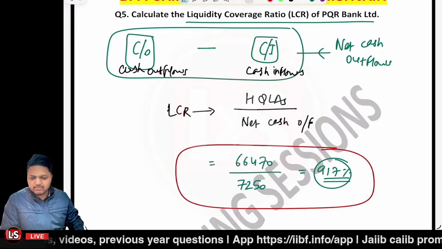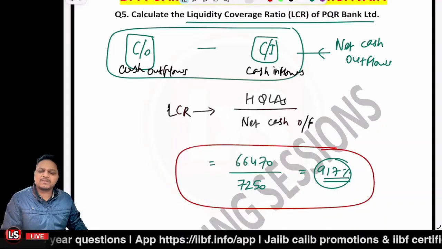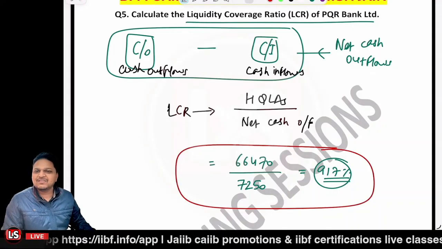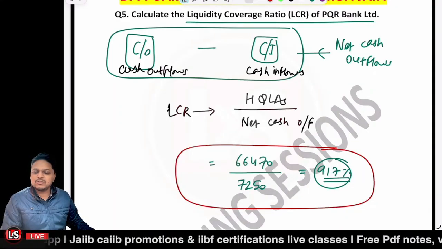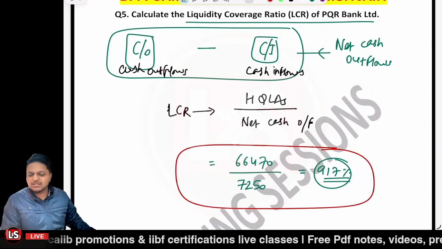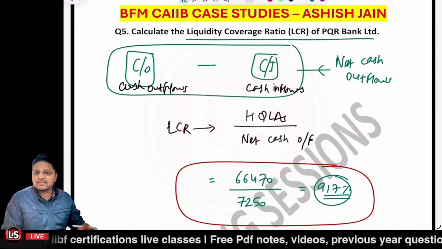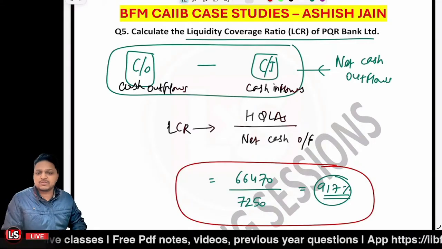The minimum percentage is to be maintained at 100%. Maximally, the bank can maintain any percentage of the LCR. No worries in that. So that is how we can solve such questions if they are asked in the exam. Do not just look at the case study that the huge text is there. You should be paying attention toward the concepts, right?